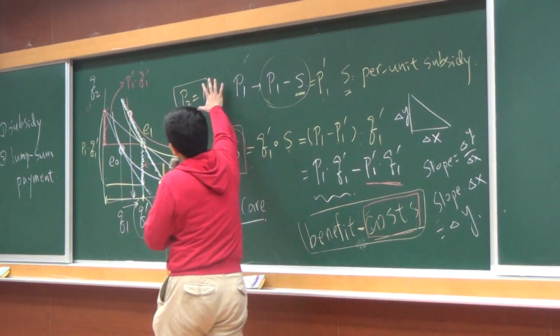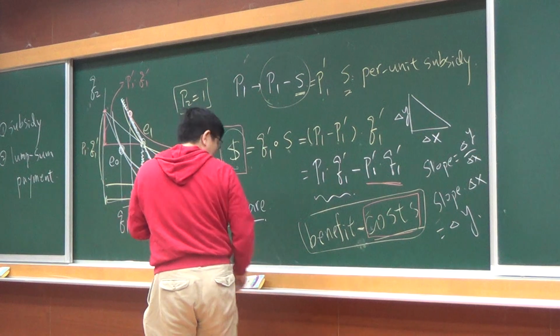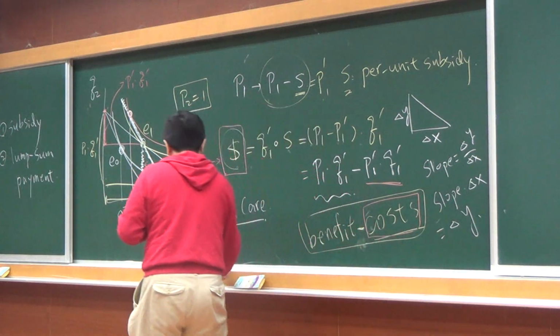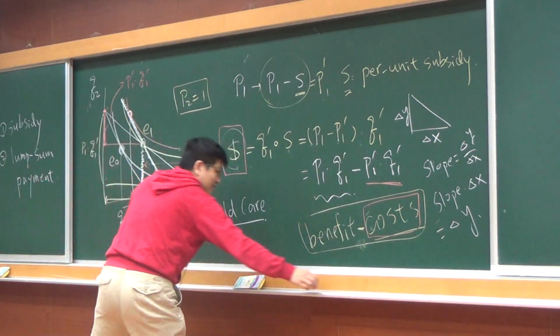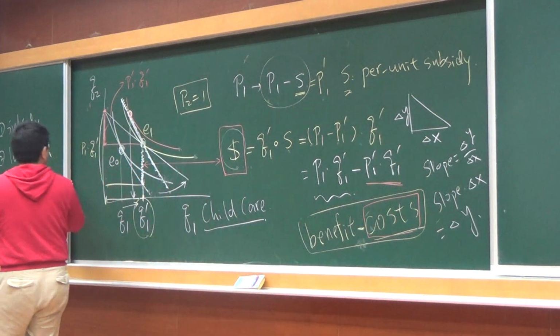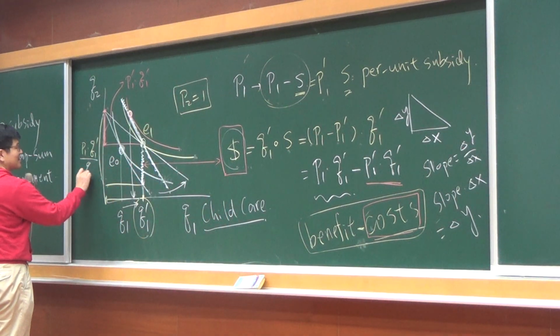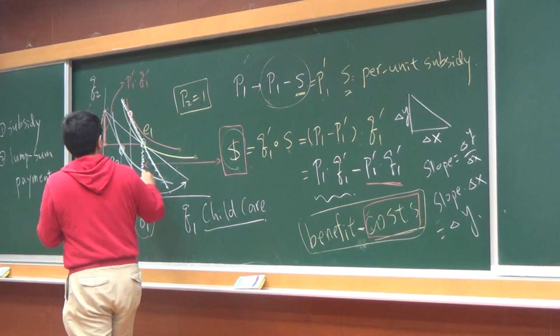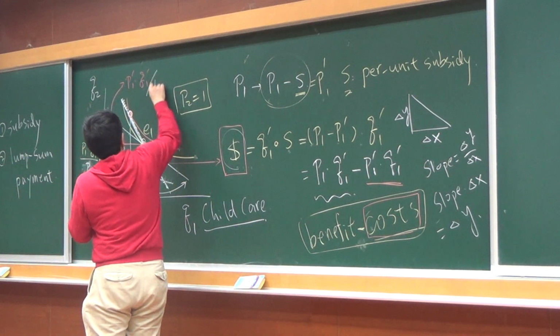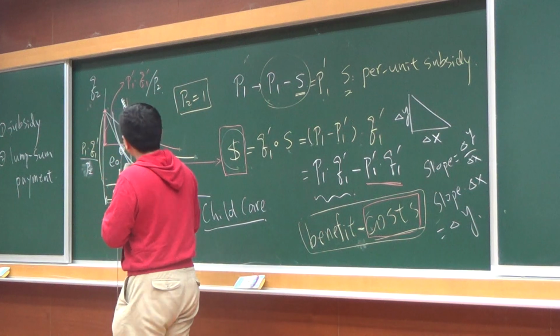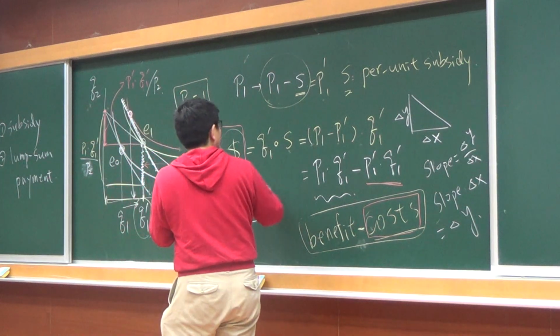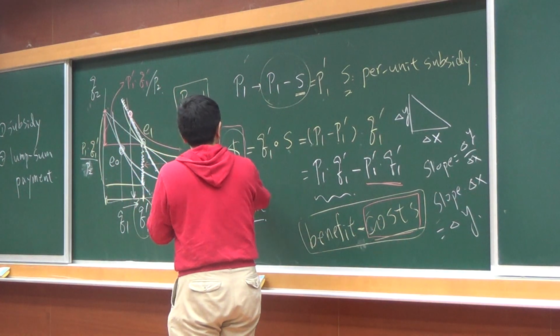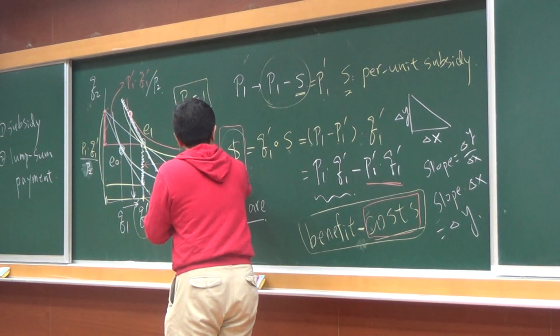But without this assumption, you just make this as P2 and P2, and this would be this amount by P2.